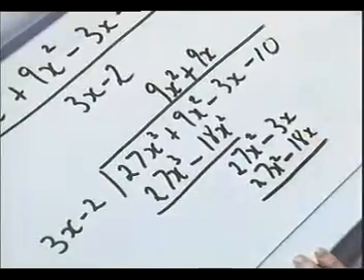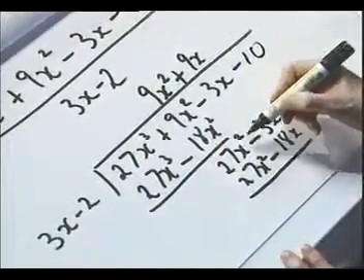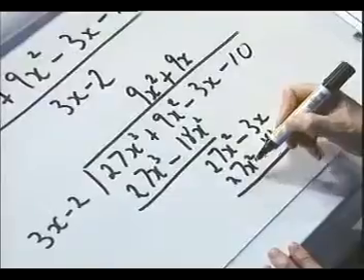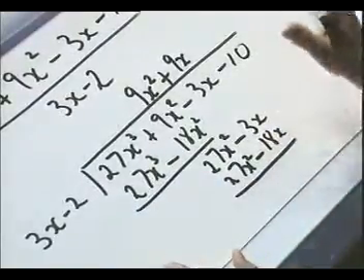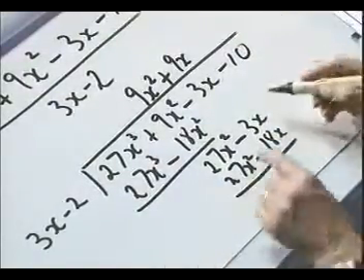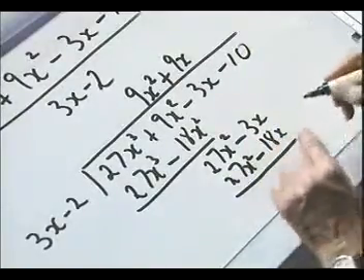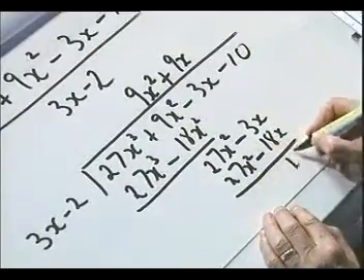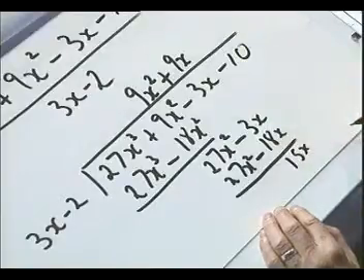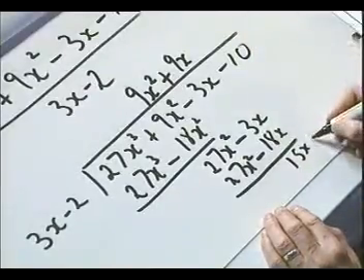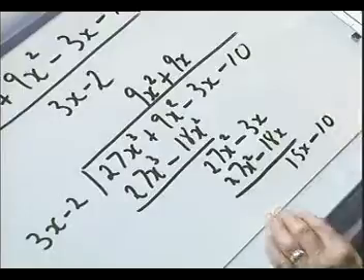And we subtract again. 27x squared take away 27x squared, no x squareds, but we arrange for it to be like that. Minus 3x minus minus 18x, well, that's going to give us plus 15x altogether. And then we bring down the minus 10.